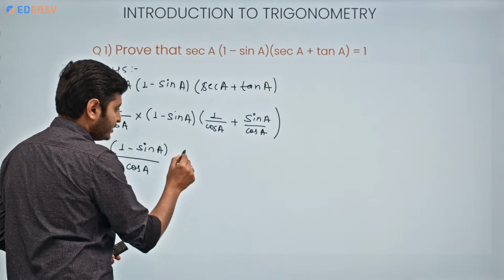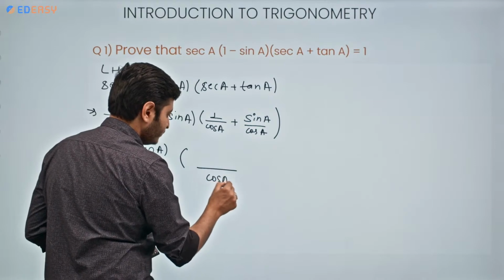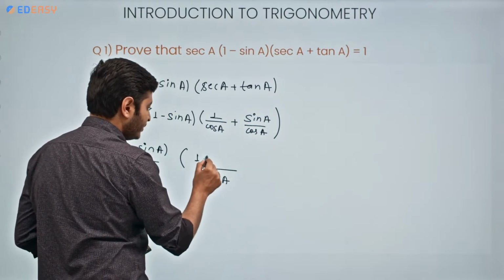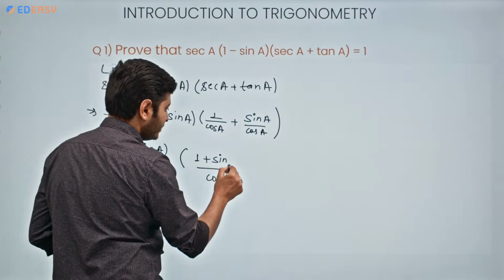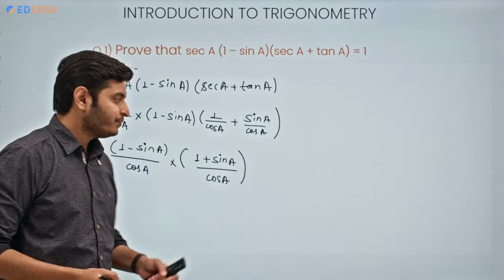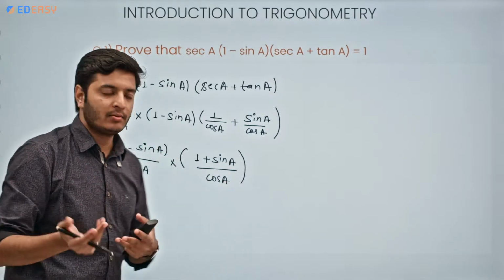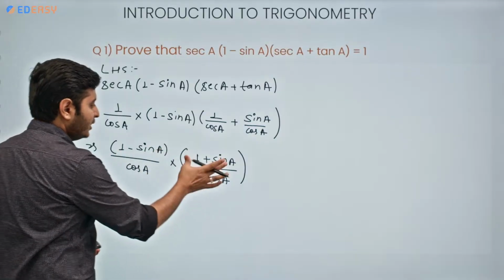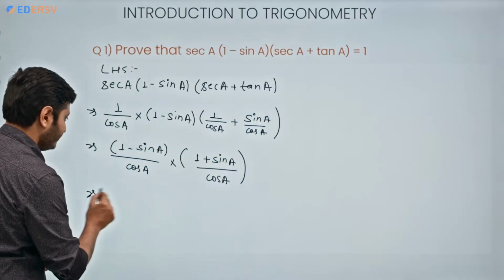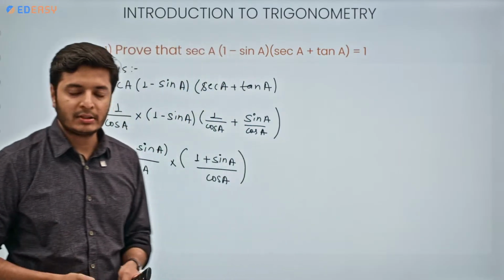Here, inside the bracket, we can take cos A common, so the numerator will become 1 plus sine A. Now they are in multiplication, both the values. So we can multiply the numerators and we can multiply the denominators. So 1 minus sine A into 1 plus sine A. A minus B into A plus B, remember the identity?